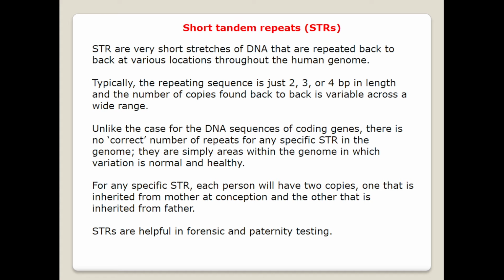For any specific short tandem repeat, each person will have two copies, one inherited from the mother and the other inherited from the father. Short tandem repeats are helpful in forensic and paternity testing.